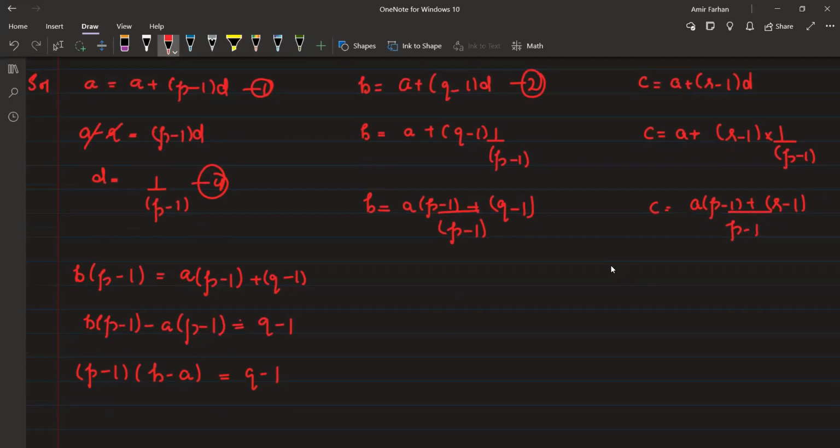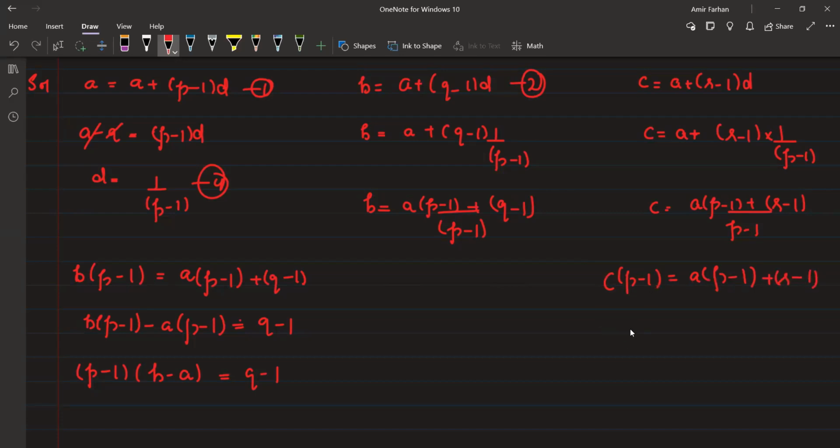Okay, so p will be taken out common and minus 1. Let's solve this one. c(p minus 1) is equal to a(p minus 1) plus (r minus 1).